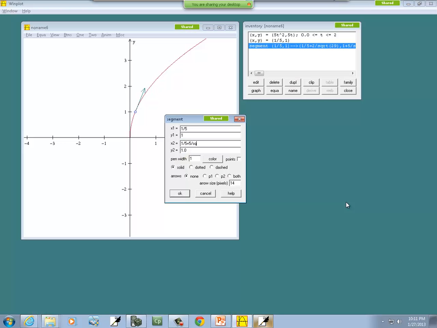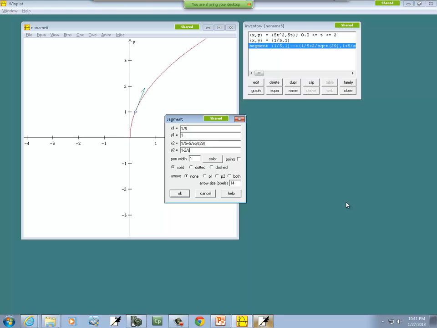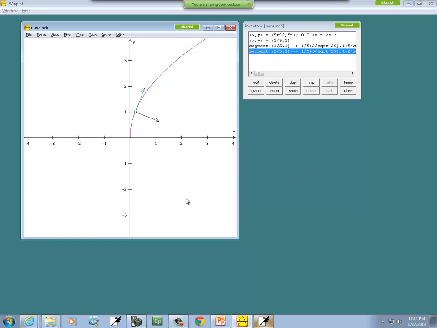So 5 divided by square root of 29. And then y2 will be 1, then minus 2 divided by square root of 29. And I'll put an arrow on that and click OK. And if it looks like it's orthogonal and it's pointing toward your concavity, then you know you've got your normal vector correct.